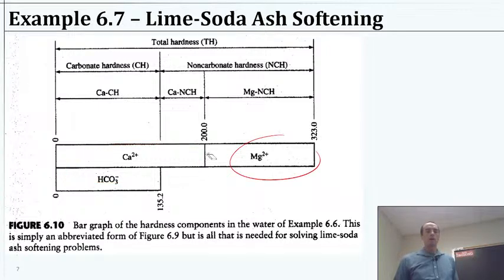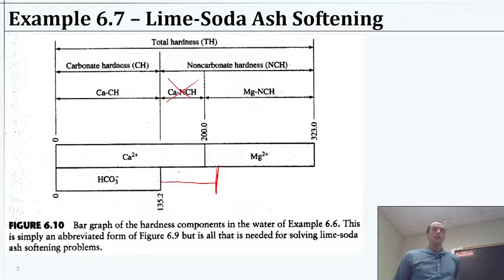So if we take a look at the bottom section here, if our bicarbonate here was to pass, if this went past this barrier, then we would have no calcium non-carbonate hardness. We would have some magnesium carbonate hardness, and then we'd have magnesium non-carbonate hardness.